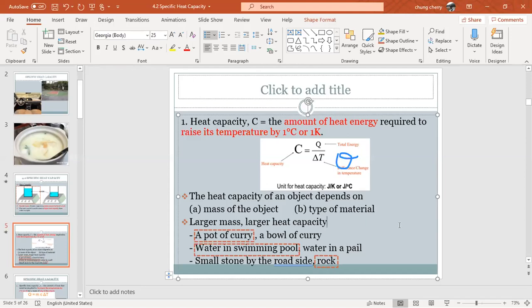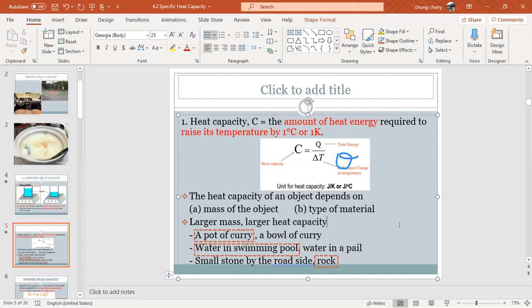Aluminium, yes, correct. Aluminium will heat up faster. So does that mean aluminium has a smaller heat capacity or a greater heat capacity?